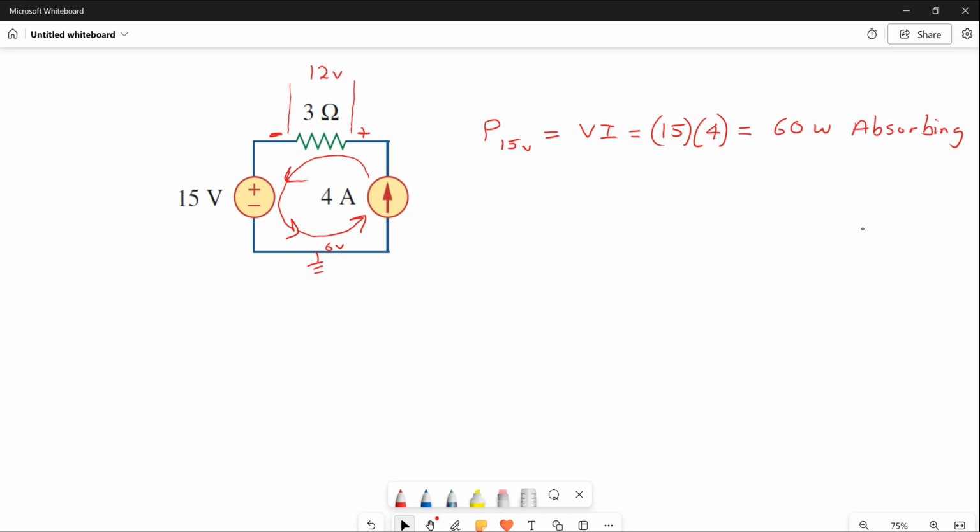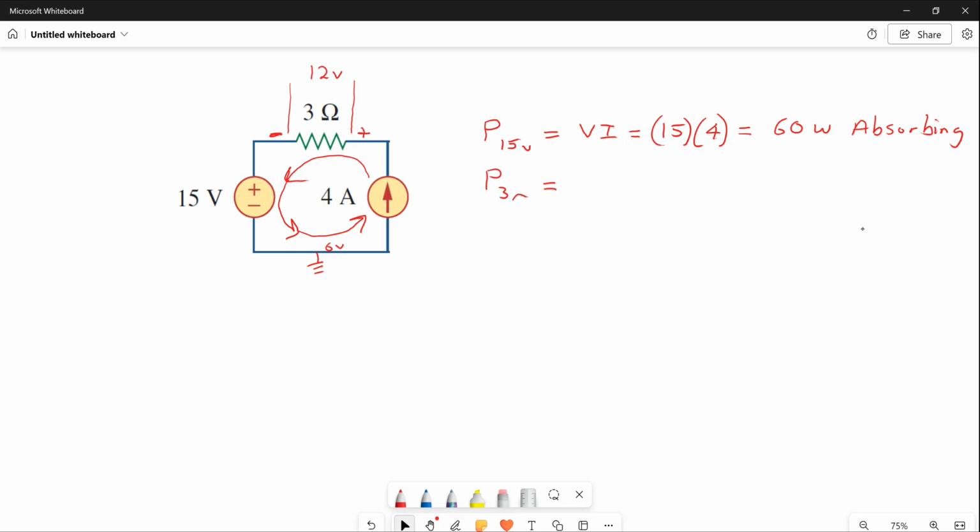Just because it's 15 volts, don't assume that it's always going to be supplying. It's absorbing.